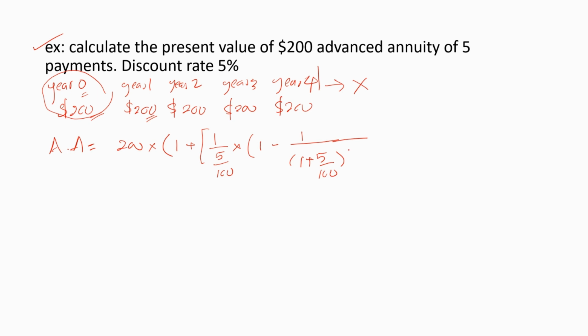Always remember this is n minus 1. So n is the number of payments, not number of years. So how many payments are there? There are 5 payments. So n is 5 minus 1.